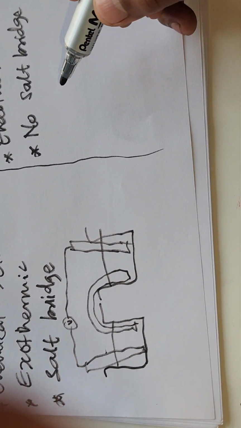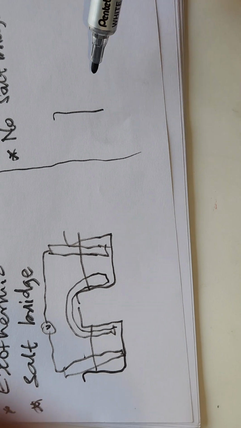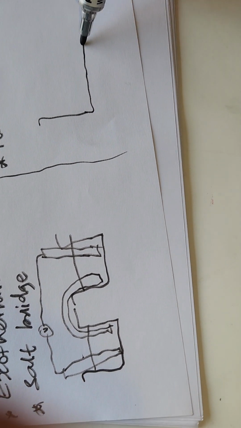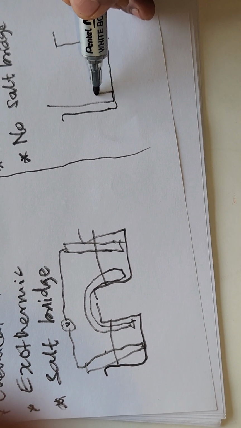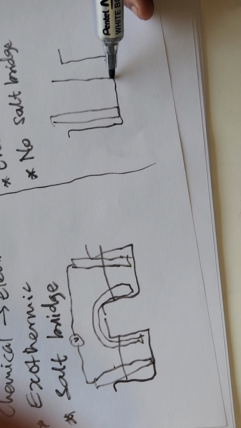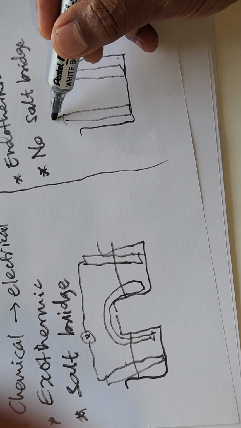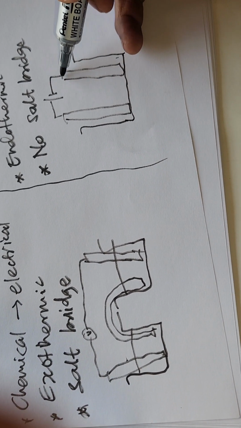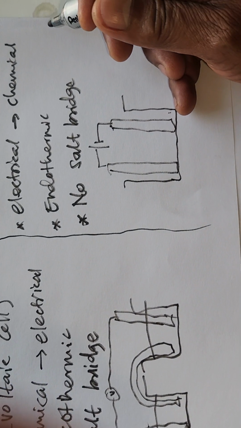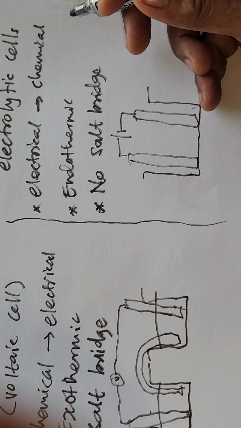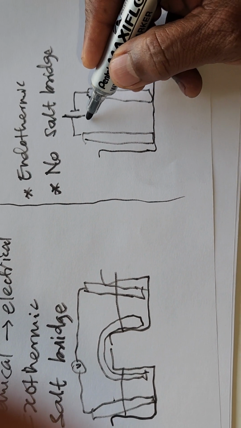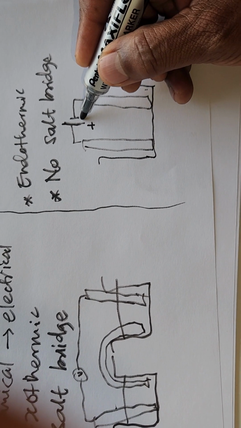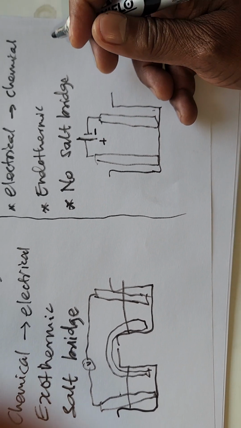Whereas in the electrolytic cell, you'll find that the whole reaction takes place in one beaker, where the two electrodes will be found in the same beaker. And then we have electrical energy. Don't forget, if you are doing chemistry, that in an electric circuit the long one is positive and the short one is negative.